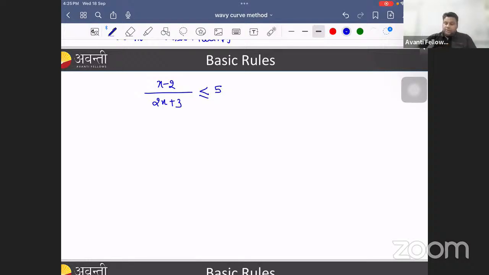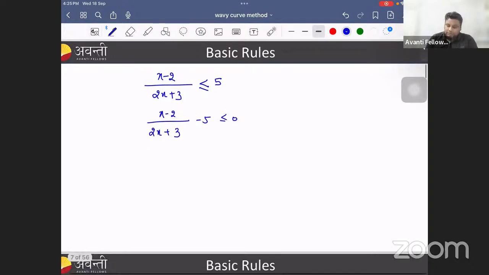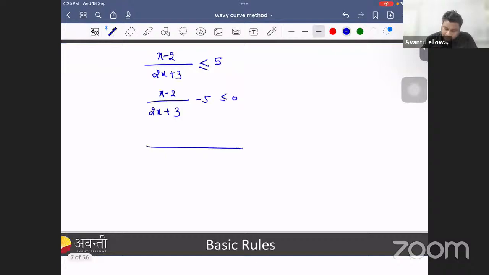All right. So now take 5 to the left side. So it is (x minus 2) upon (2x plus 3) minus 5 less than or equal to 0. Now take LCM: (x minus 2) minus 10x minus 15 upon (2x plus 3) less than or equal to 0.